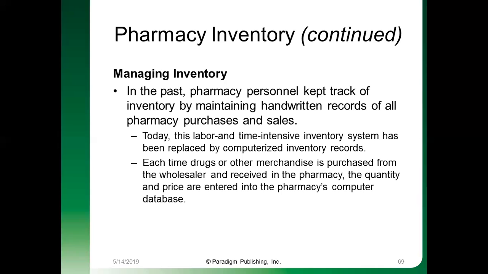So whenever you receive your stock, you'll say, okay, I received 100 pills of atenolol, so you'll find atenolol in your computer database and manually add 100 medications. Other systems, like I stated earlier, you'll just scan the barcode, so the system will know that, okay, this barcode says that it's atenolol, there's 100 count, so let's add that into inventory.